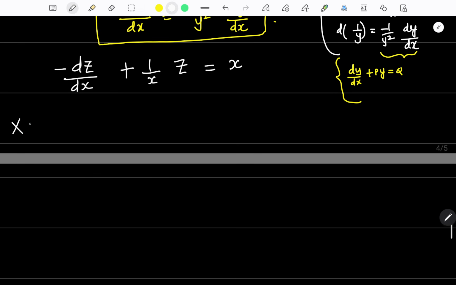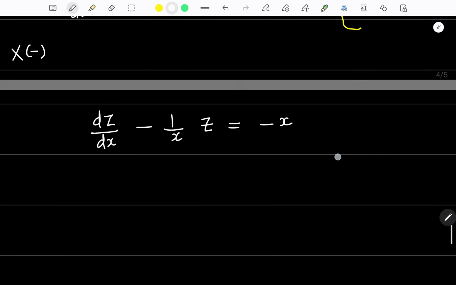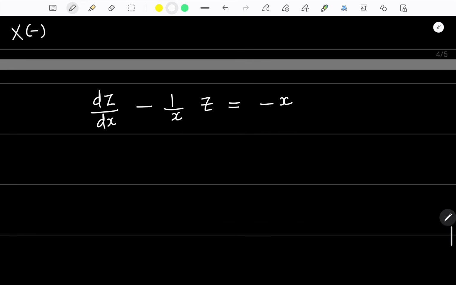So I'm going to multiply by minus. If I multiply by minus, I will get dz by dx minus 1 by x times z equals minus x. So now this is of the model dz by dx plus pz is equal to q.